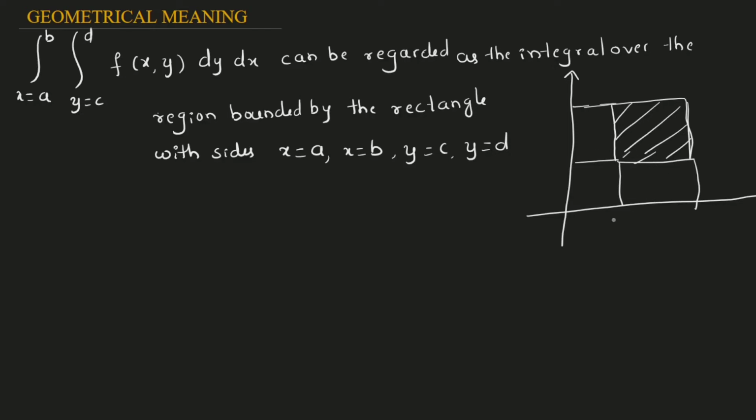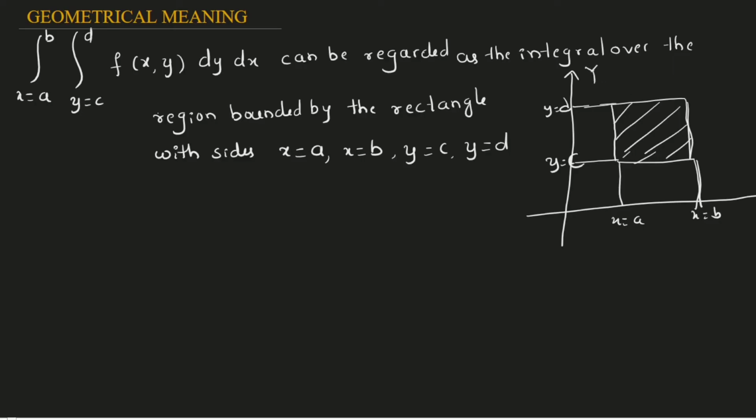So here this represents x equal to a, x equal to b, a straight line. I'm not able to draw these lines straight. And y equal to c, y equal to d. This is how you can represent the given integrals.